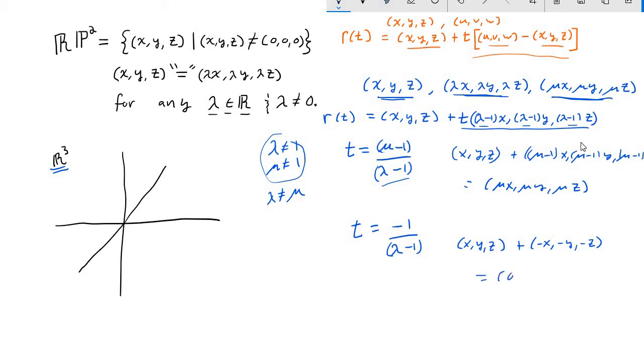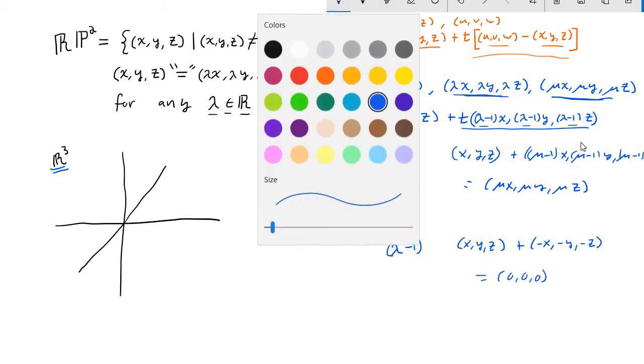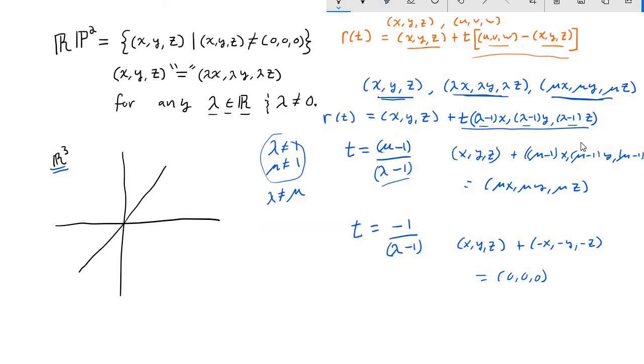And that's just the point 0, 0, 0. So what this tells us in R3 is that for any given point, all the multiples of it, in this sense that we have here, all lie on the line which passes through the origin and that point.